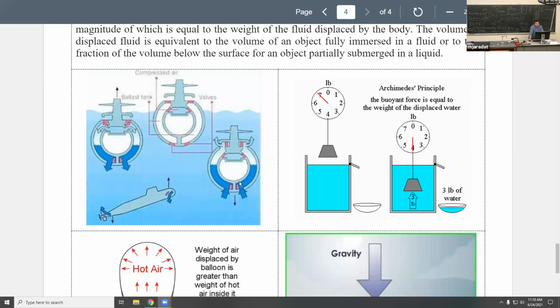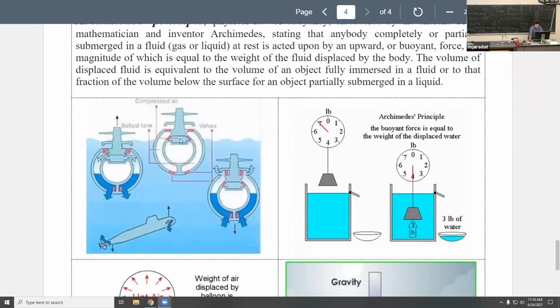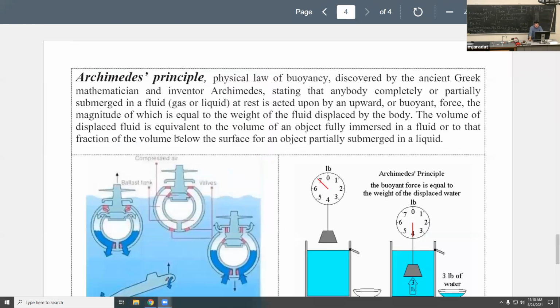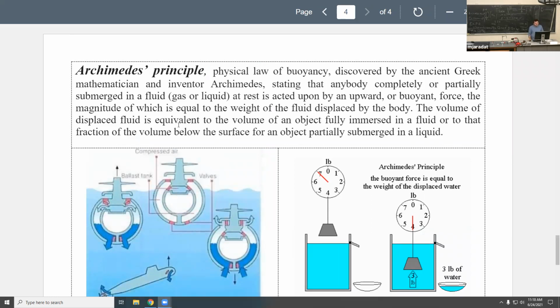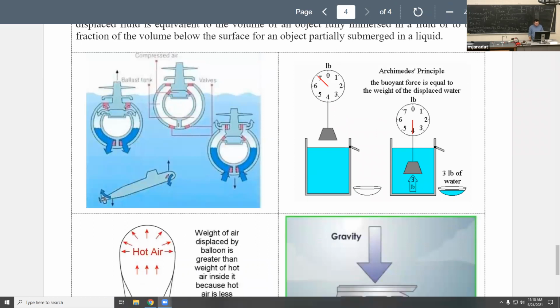So they can control the depth of the submarine inside water by putting in or removing water, or by increasing or lowering density. That's just talking about Archimedes' principle and its applications. There is a calculation that we don't need to talk about.